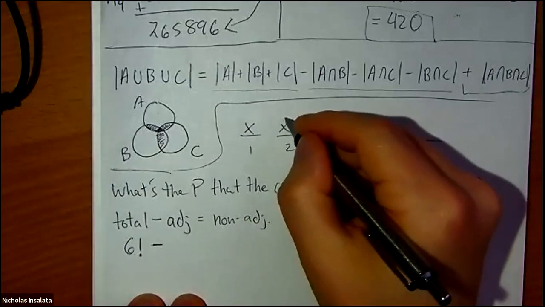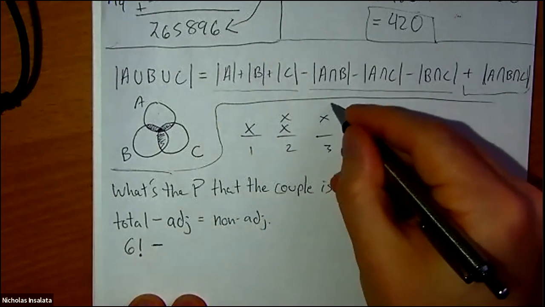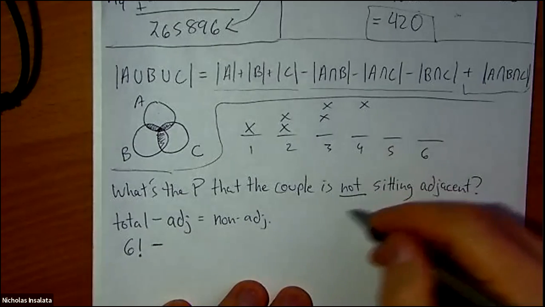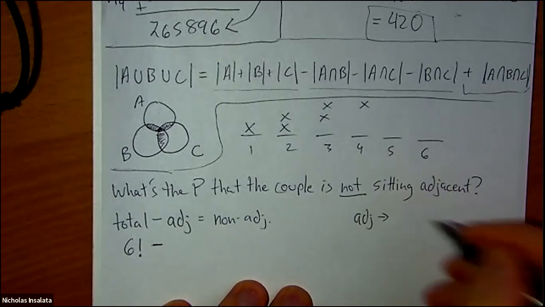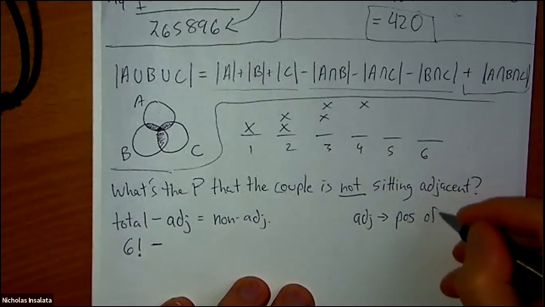Or here and here, or here and here. Right. Okay, well because they're next to each other, they act like a single thing. Okay, sure. So we want to pick adjacent. So let's do a little side note over here. So adjacent, that's going to be the position of the couple.